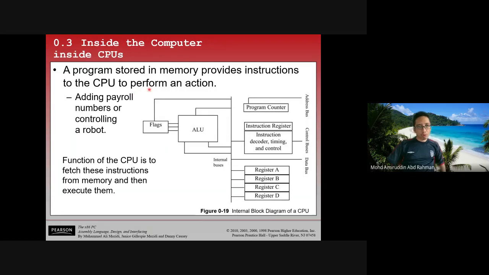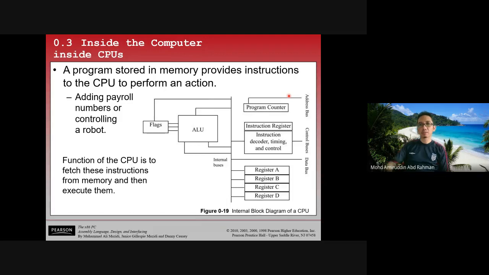The function of the CPU is to fetch the instruction from memory and then do the execution. So it needs to take the information from the memory and then execute. It is like a middleman.